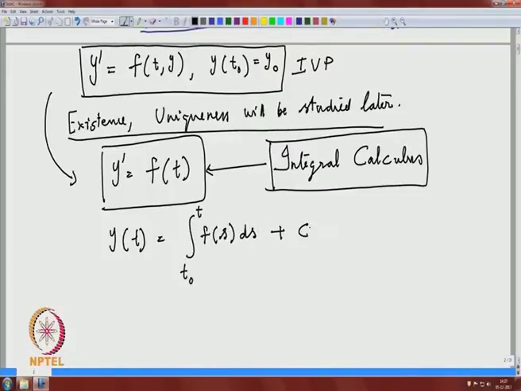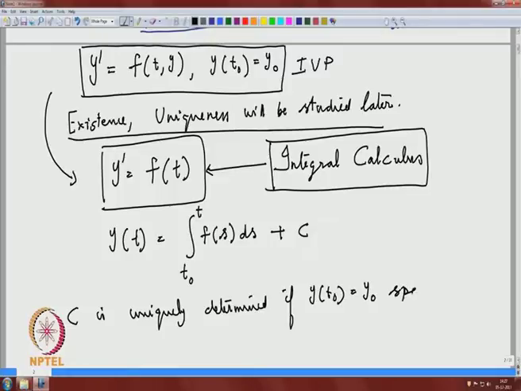So, you have a constant, and it is uniquely determined if y at t naught is equal to y naught is specified. Okay. So, this is what we are going to do here.